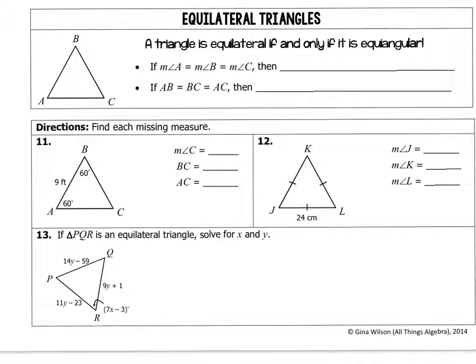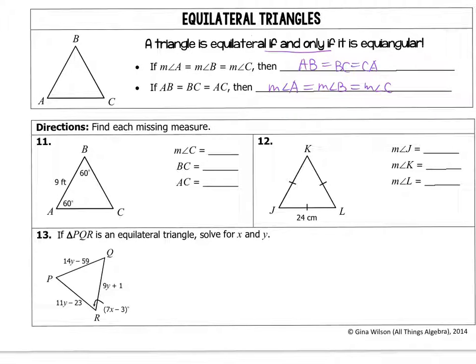In this example here, if angle measures A, B, and C are all equal to each other, then all three sides must measure the same. And if the sides are equal, then their angle measures must be equal too. This is an if and only if statement, which is biconditional. Okay.